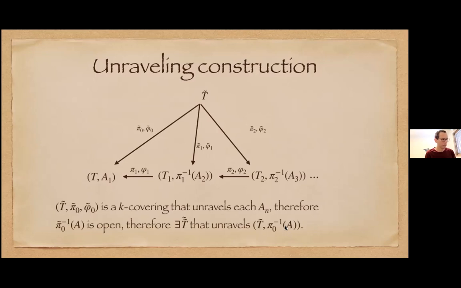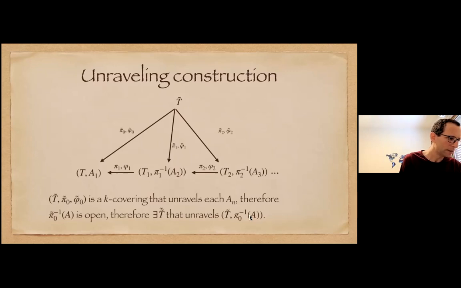Okay? And now I know that all these things have an inverse image. I can write the inverse image. And now look at tilde pi 0, tilde phi 0. This is a K covering of T. Okay? And now I argue that the inverse image of A is an open set. It is not a closed-and-open set, it is just an open set. And why is that?